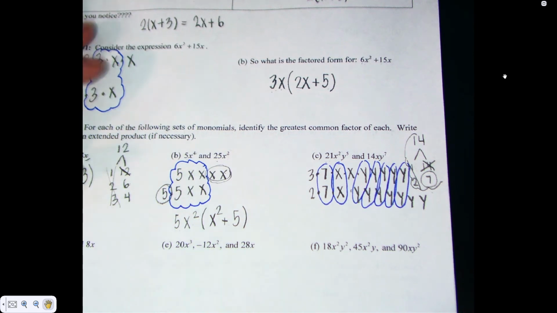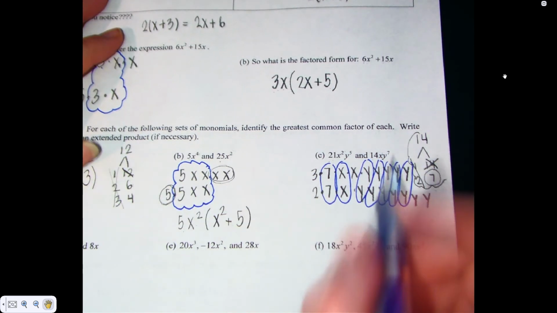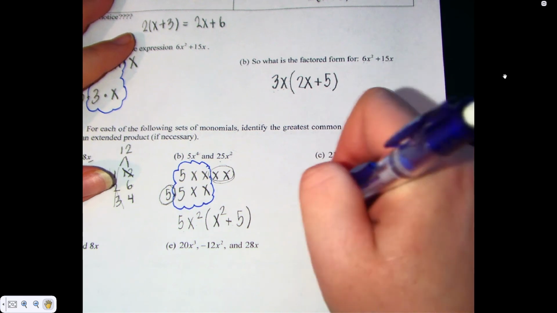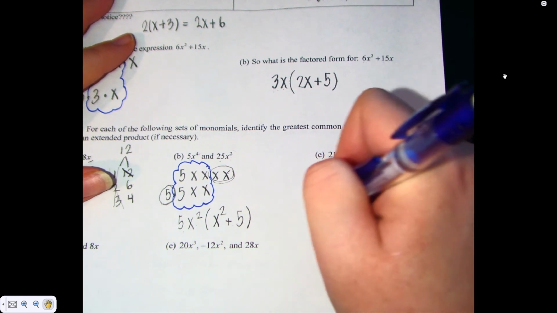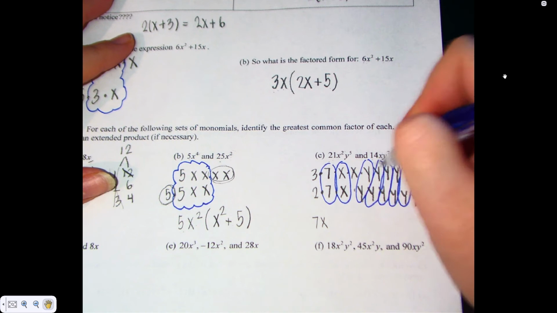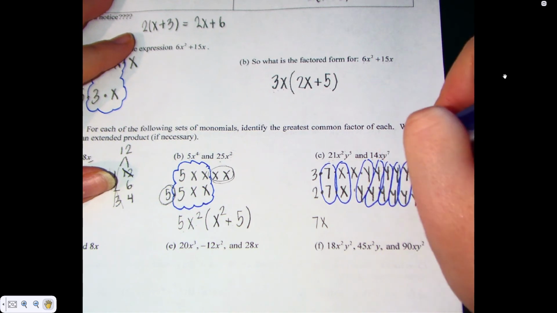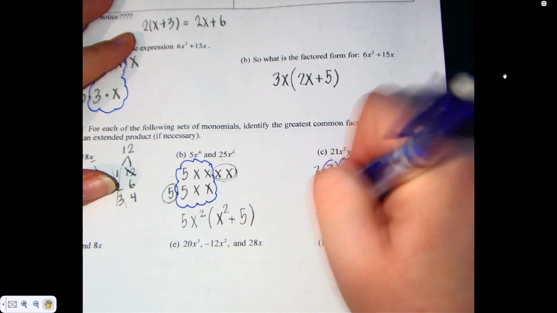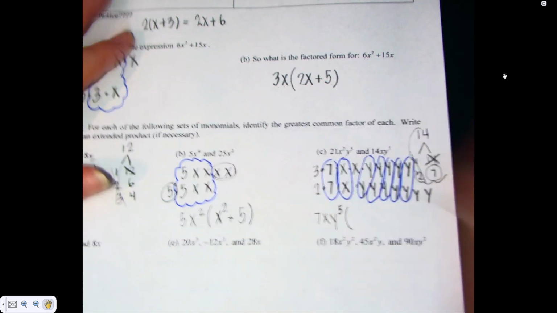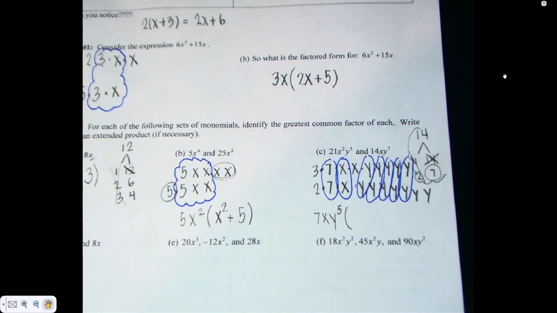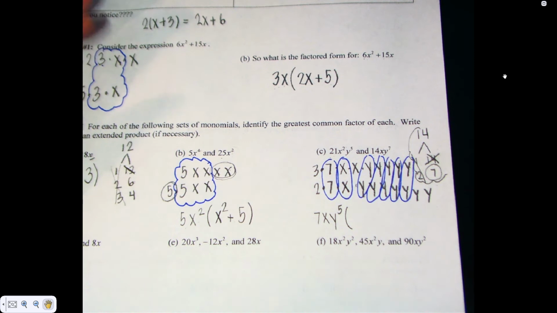Okay. So the greatest common factor is 7, an x, and 1, 2, 3, 4, 5 y's, or y to the 5th. All right. So what's left over?